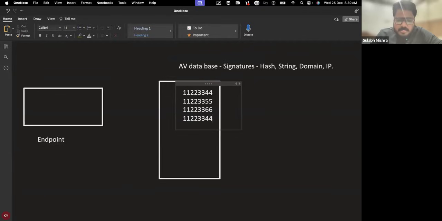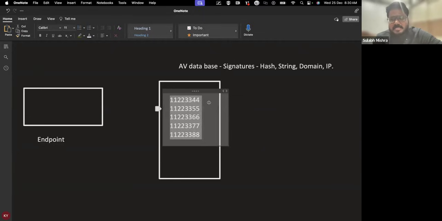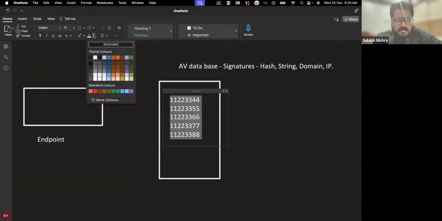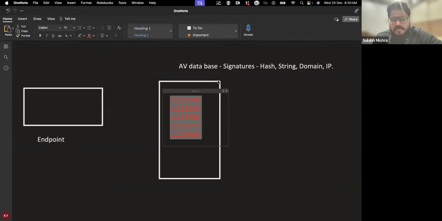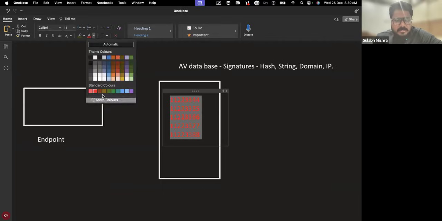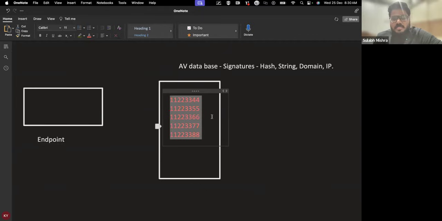Another hash is 77. Another hash is 88. So these are what we call the signatures that we have in the antivirus database, with reference to the file hashes.